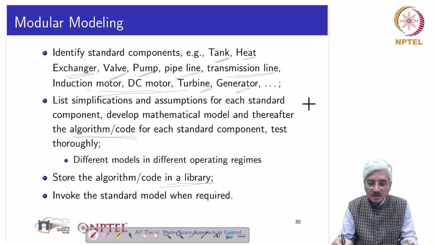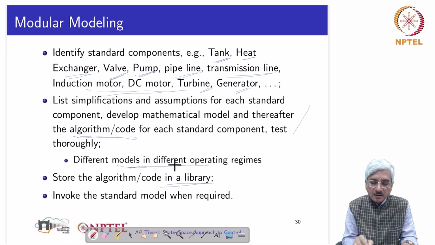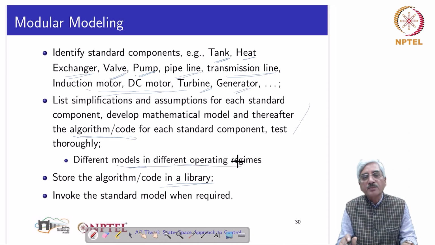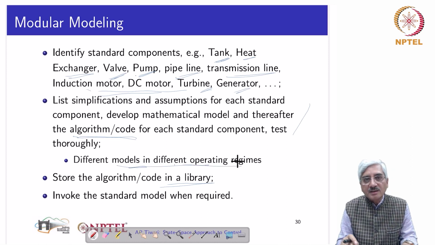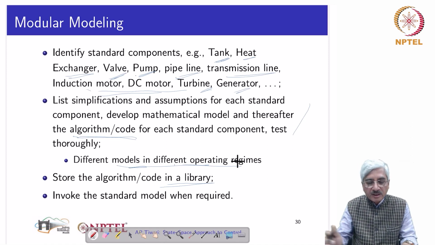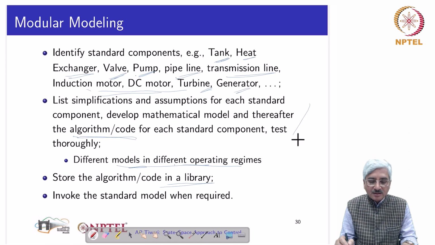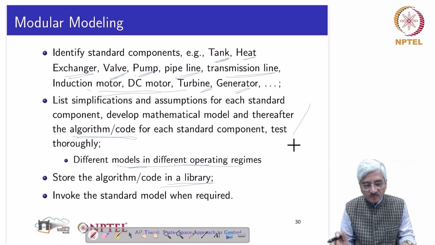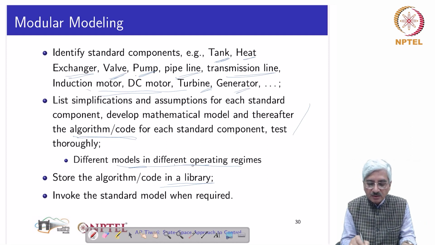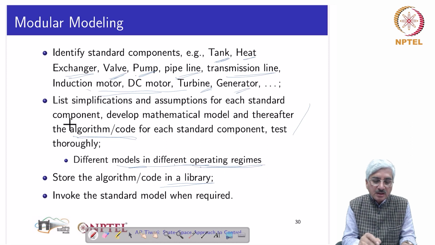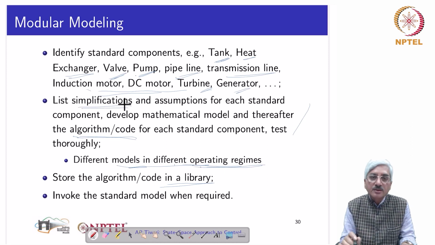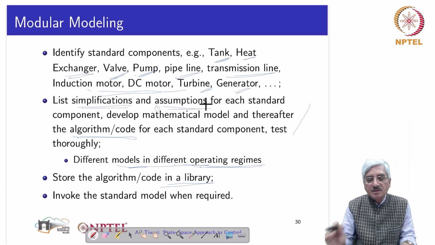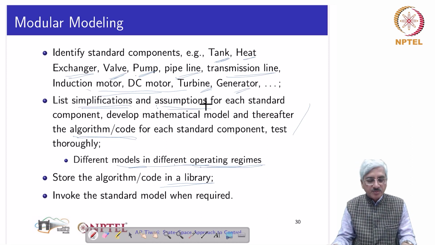Of course, along with the models, their operating regimes are also to be properly documented, so that when you build a bigger model or integrate these modular models, we understand the loose ends, where to fit what. It is necessary. So we need to know the operating regimes, the simplifications which have been made, or the assumptions around which the model is built.